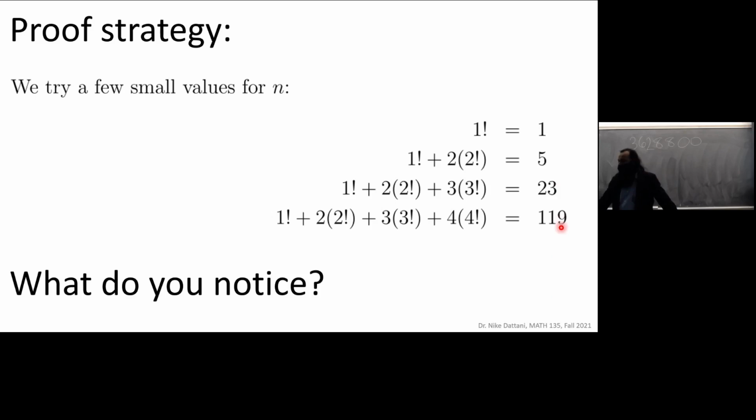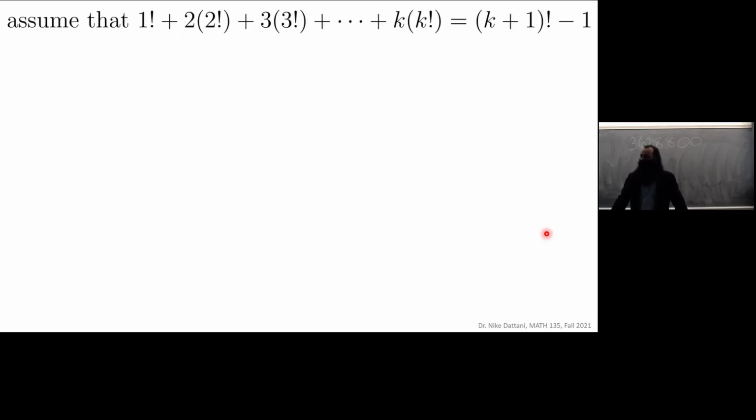So here you have 5 factorial minus 1, 4 factorial minus 1, 3 factorial minus 1, 2 factorial minus 1. So you have the factorials minus 1. So that's a conjecture, right? We think that, at least for small values of n, n plus 1 factorial minus 1 seems to be the formula.